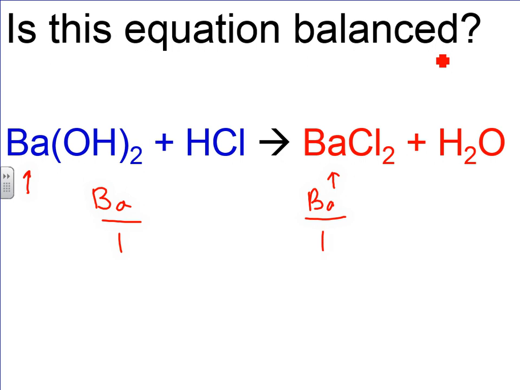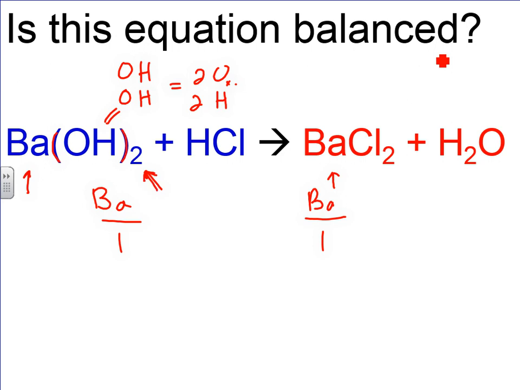Now, the number down here you'll see actually applies to the oxygen and the hydrogen, not to the barium. It only applies to whatever is in the parentheses. So in fact, this means that we have two sets of OHs, which means you have 2 oxygens and 2 hydrogens. That makes sense. So this number 2 actually does not apply to the barium.